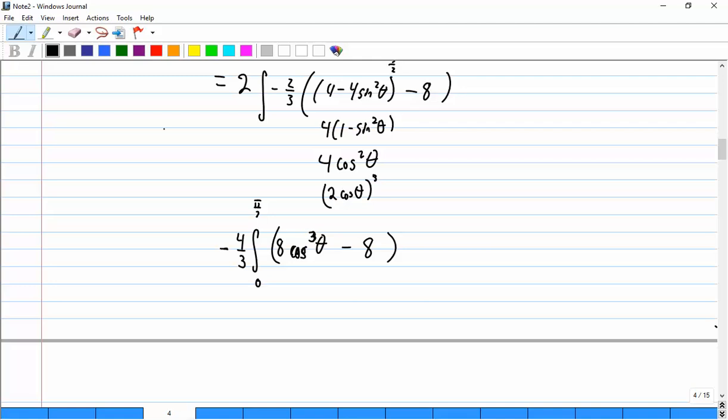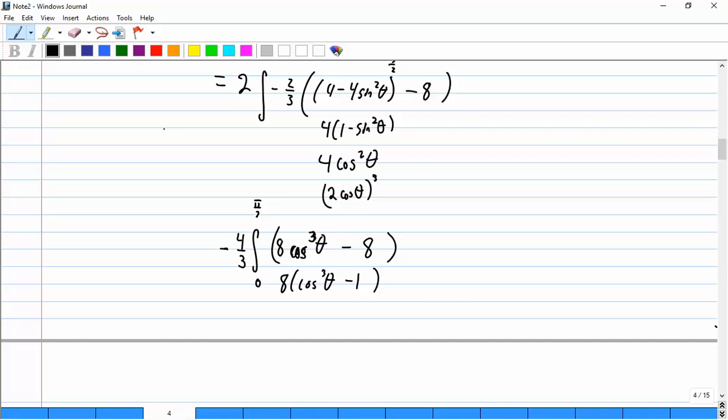We do 8 times cosine cubed theta minus 1. See if we can figure out anything to substitute. That's the difference of two cubes, isn't it?